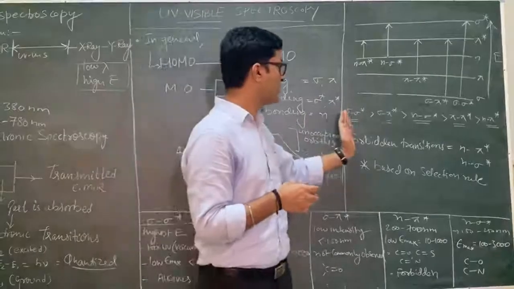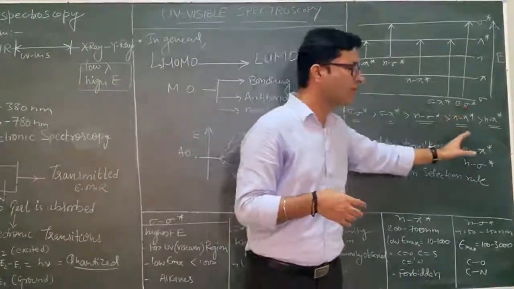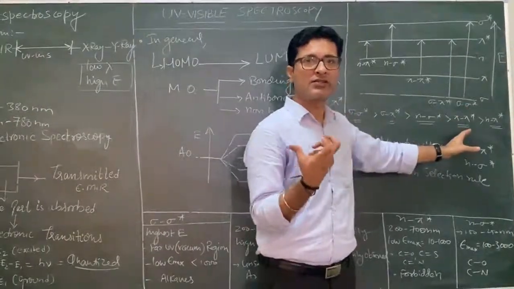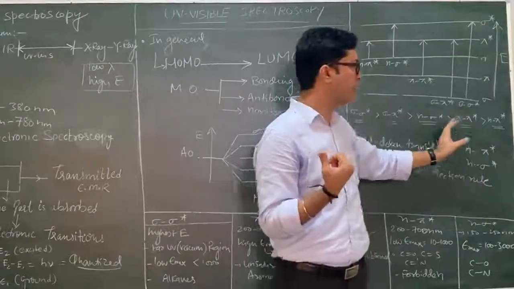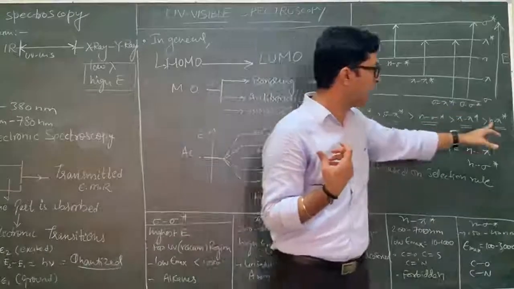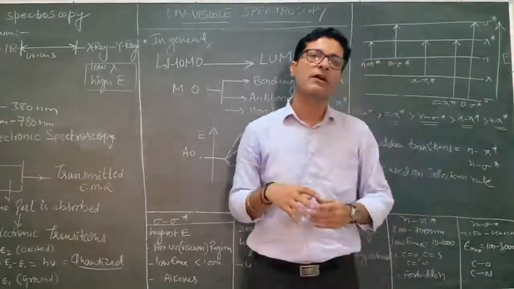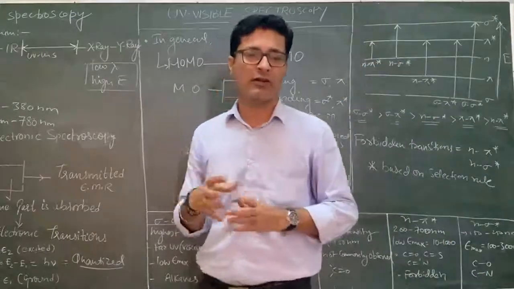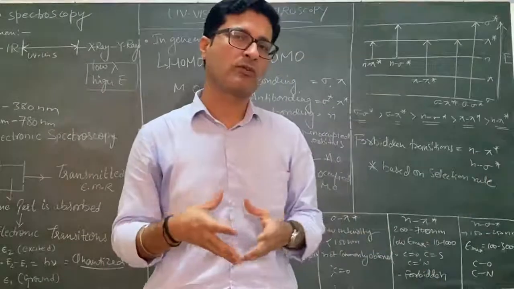As we go from left to right, energy content decreases and wavelength increases. So to cause the n to pi star transition, we need the longest wavelength and the lowest amount of energy.